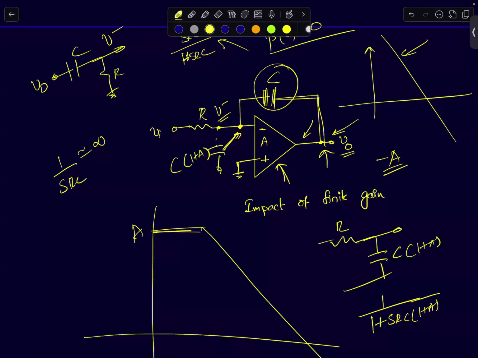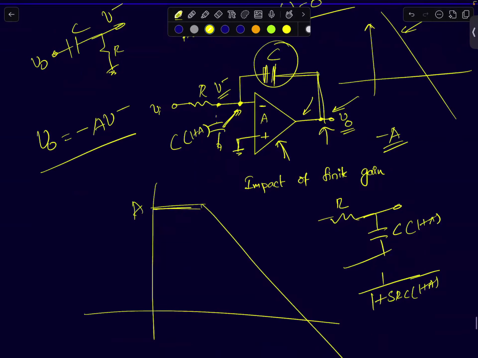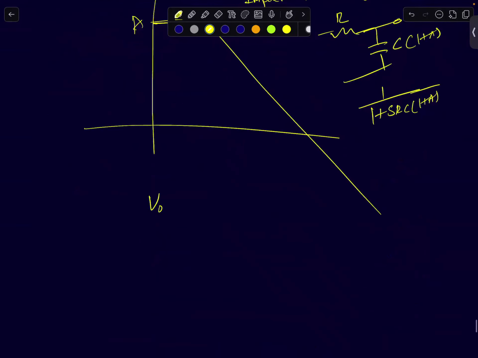The output voltage V naught is simply minus of A times V minus. So use that result and you will get the transfer function V naught by Vi of S is simply minus of A by 1 plus SRC into 1 plus A.